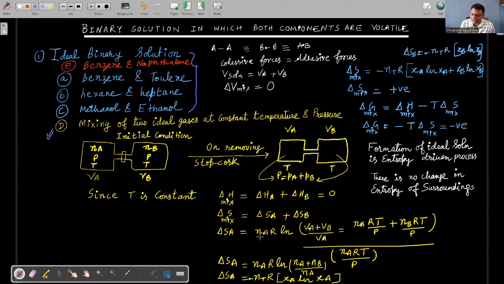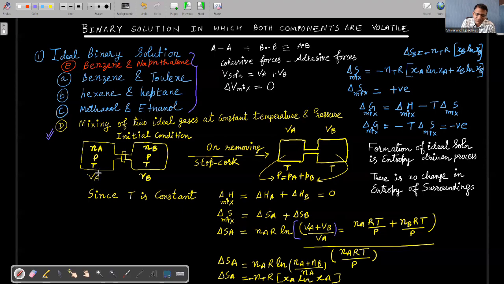First term is 0, so we are writing Na R ln of V final, which is volume of gas A plus volume of gas B, Va plus Vb, volume of both the containers, upon initial volume Va. So we know the initial volume of container, PV is equal to nRT.